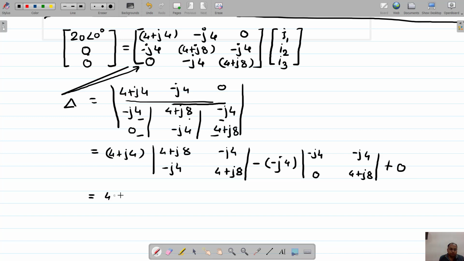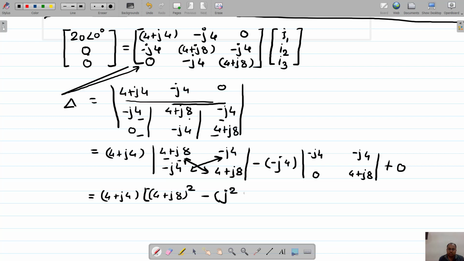Therefore 4 plus j4. Now let us find the determinant values. Let us multiply these two. It is the same bracket, so let me write it as 4 plus j8 bracket squared. Minus minus is going to become plus. Now we multiply these two values, and again we write the minus for the second calculation, so minus of j square 16.